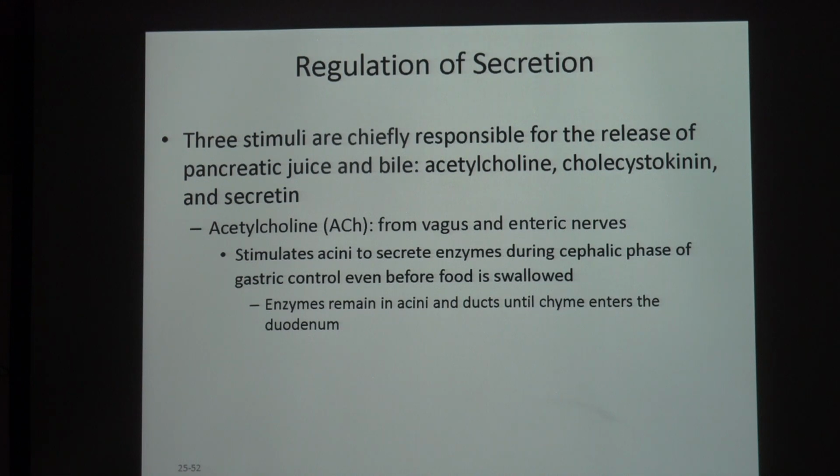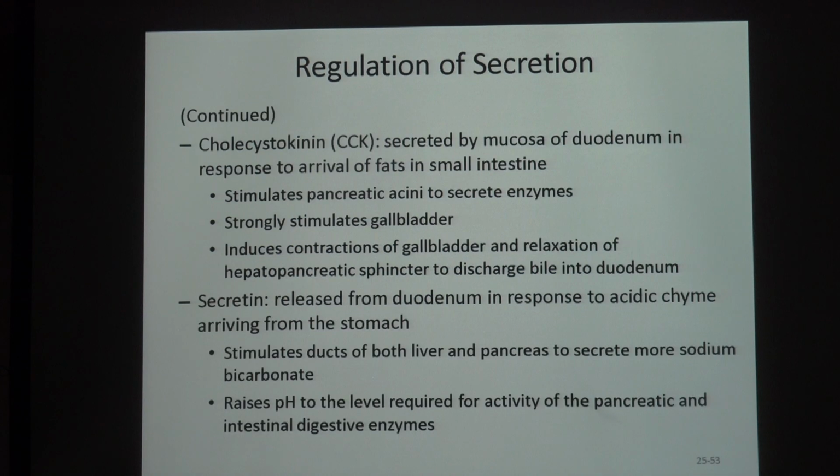However, the enteric nervous system has quite a bit of influence over the central nervous system. The acetylcholine stimulates the acini cells to secrete those enzymes before your food is ever put in your mouth and swallowed. Okay, so remember we talked about the cephalic phase and we talked about gastric phase. That acetylcholine starts the process in which enzymatic secretions occur from the pancreas before you ever begin to eat.